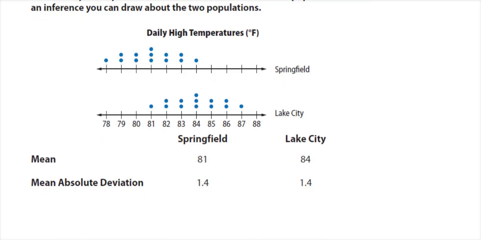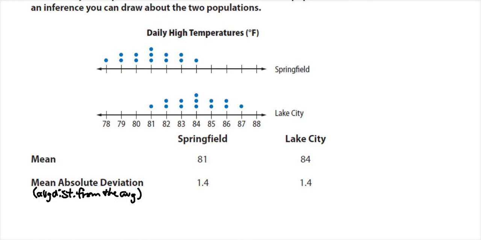How nice. To find the mean absolute deviation, notice we picked the mean and the mean absolute deviation. Remember, the mean absolute deviation is the average distance from the average. What they did was, when they found the mean of 81, they found how far away each of these numbers were.